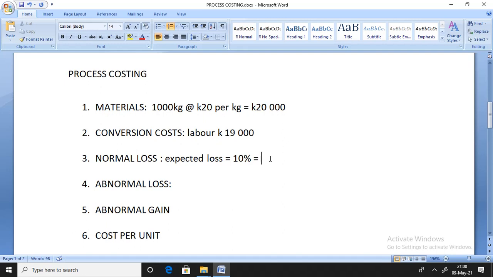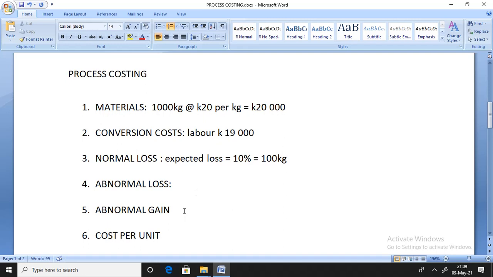Normal loss 10% means that normal loss is going to be 100 kg. Now, if we have actual loss that exceeds 100 kg, then we should say we have an abnormal loss.